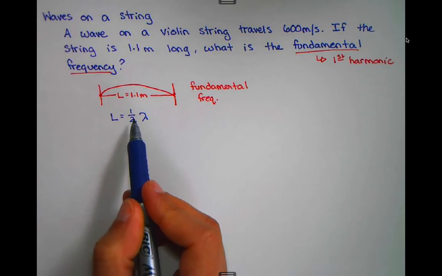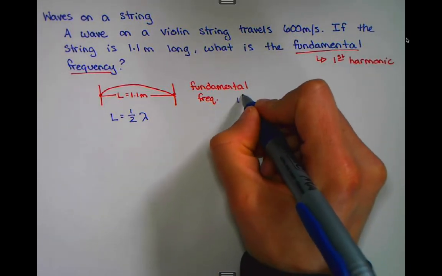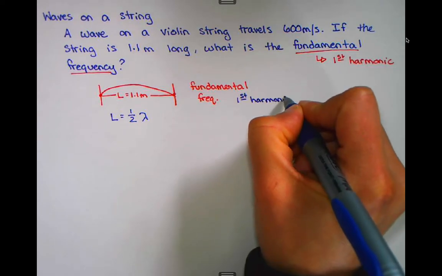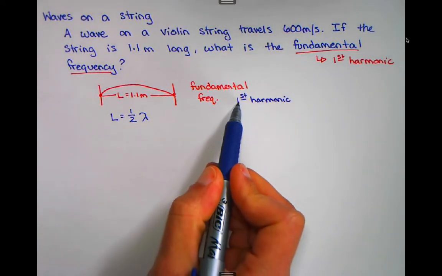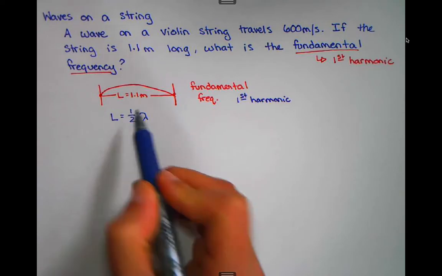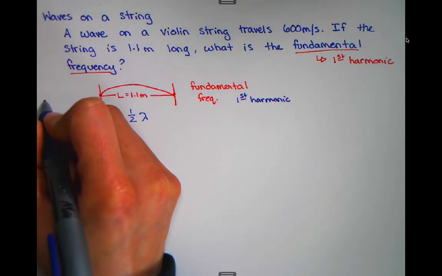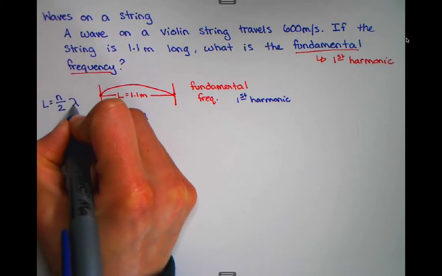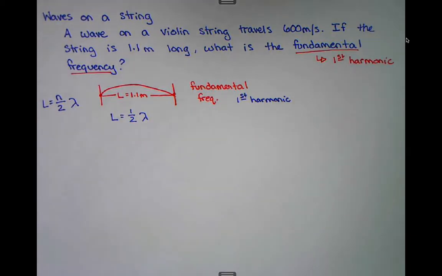This is essentially our first harmonic, and so we're going to put that 1 in here. So your overall relationship is L is equal to N over 2 times the wavelength. You'll see that as I work through this.